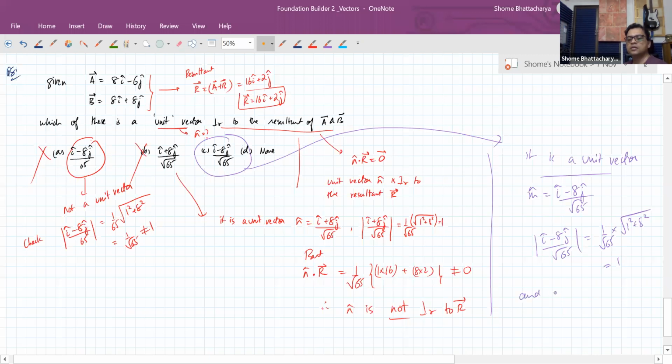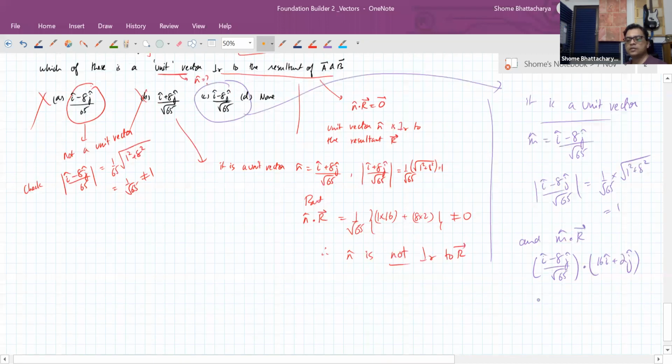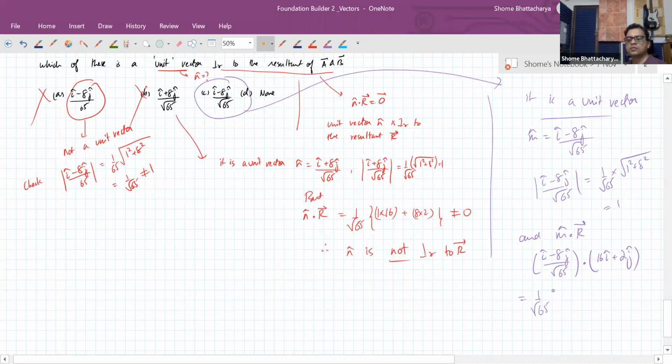And if we check m cap dot r, this vector dot product with r, which is 16 i cap plus 2 j cap, you can see it is 1 into 16 plus minus 8 into 2.